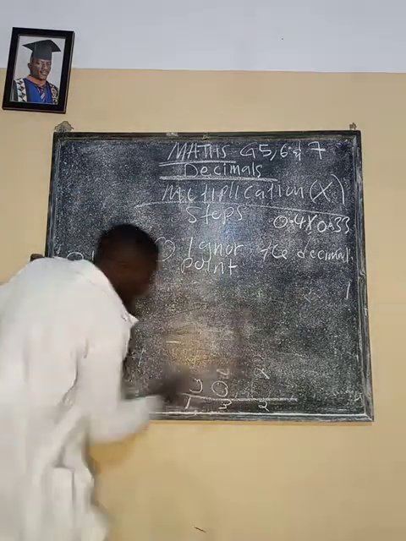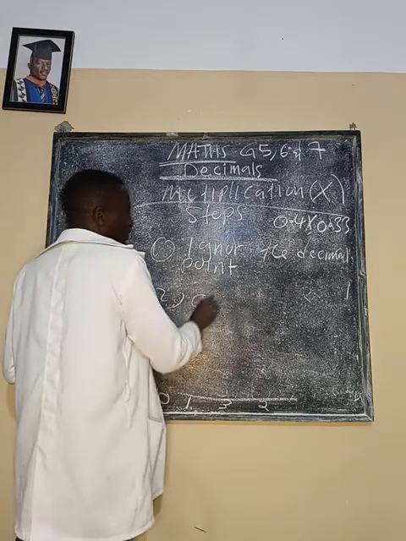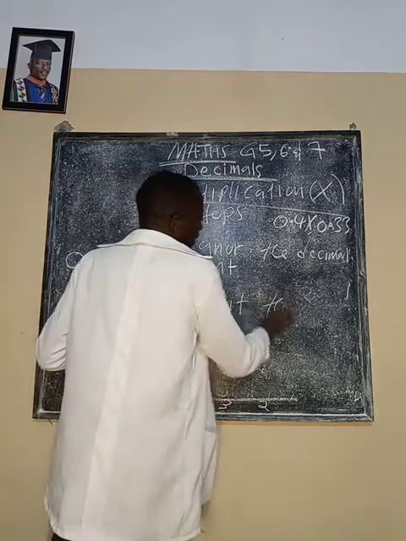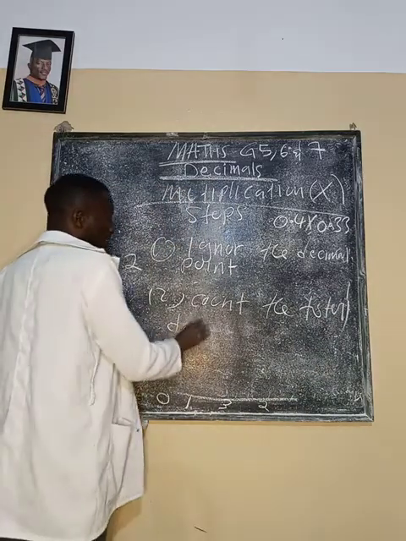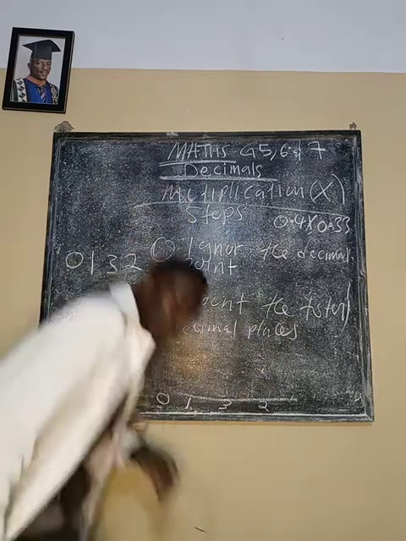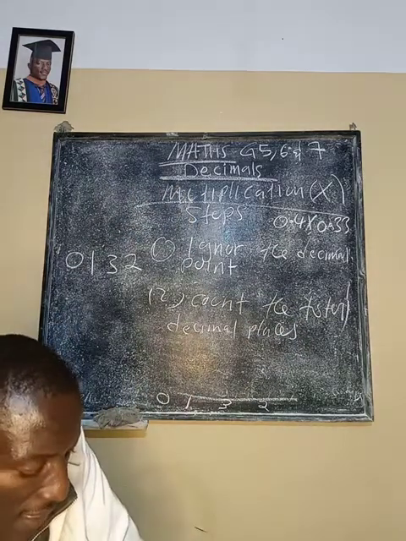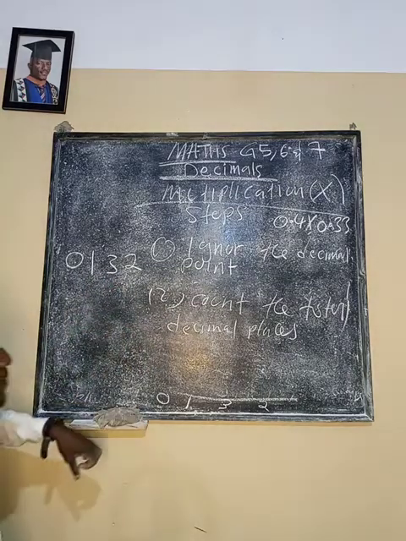So step 2, count the total decimal places. Decimal places are the numbers after the decimal point in the 2 numbers.